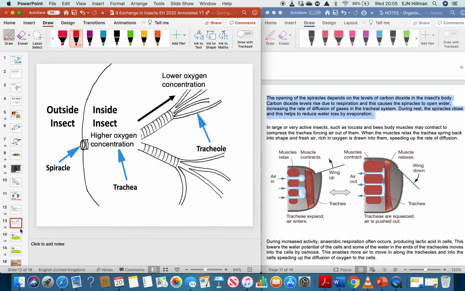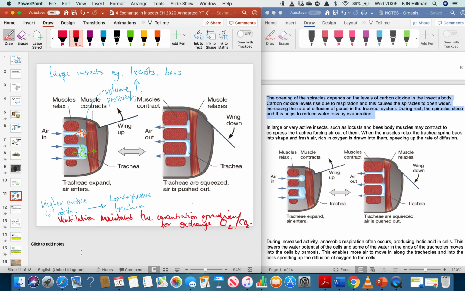There it is down there. Okay, so that is air moving in. The opposite effect of that is when these muscles contract, now the volume is lower, so the pressure increases.